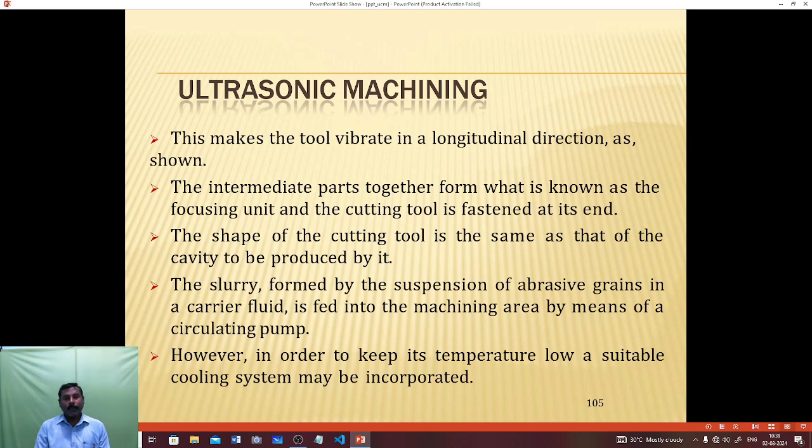The slurry, formed by the suspension of abrasive grains in a carrier fluid, is fed into the machining area by means of a circulating pump. However, in order to keep its temperature low, a suitable cooling system may be incorporated.